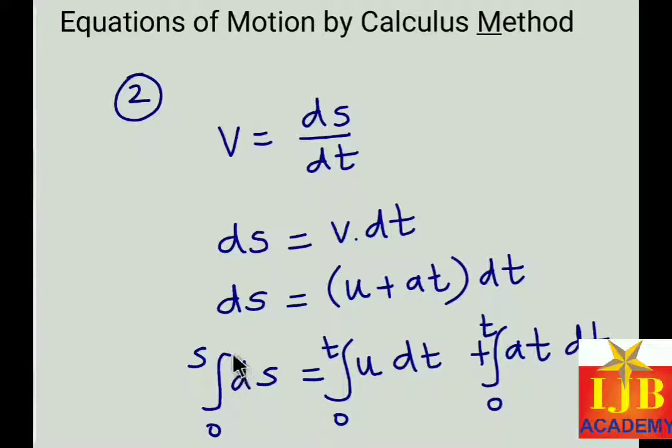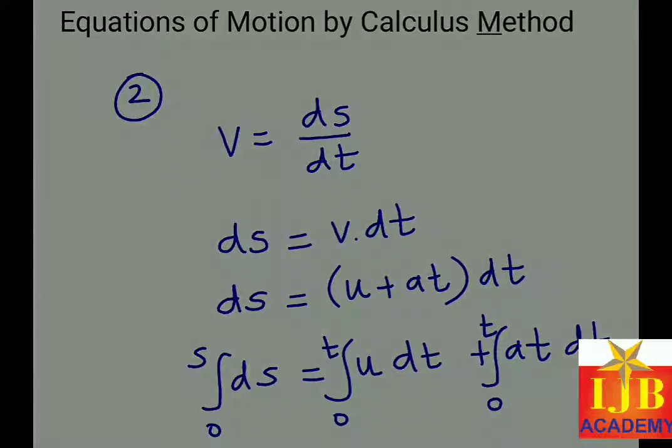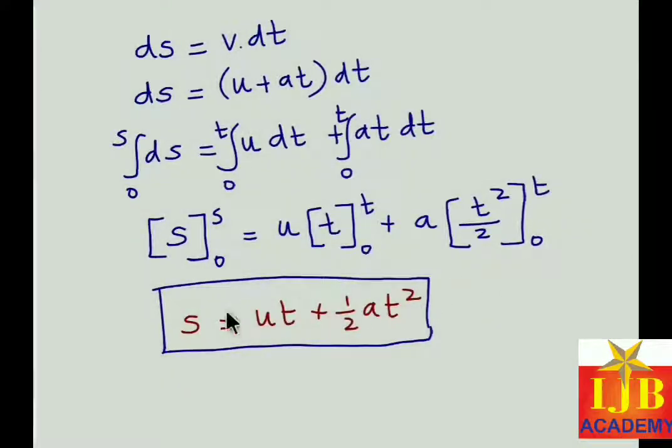Now I am introducing the integration. So integral of ds from 0 to s, and u dt from 0 to t, and at dt again from 0 to t. We have to integrate everything. Integrating ds will give me s, and u is constant, I can take it out. Integrating dt will give me t from 0 to t, plus a is constant, I can take it out.